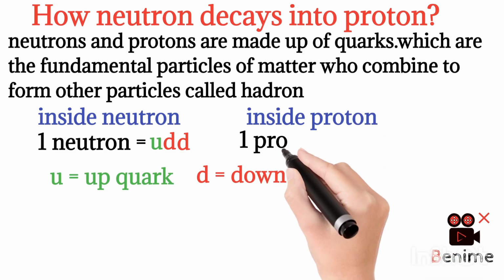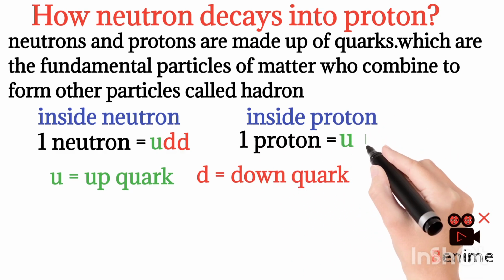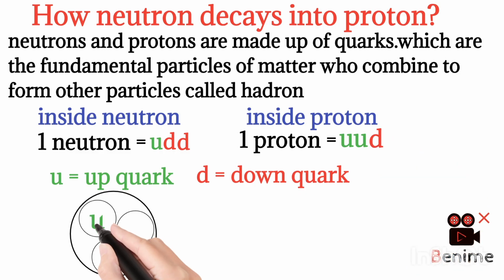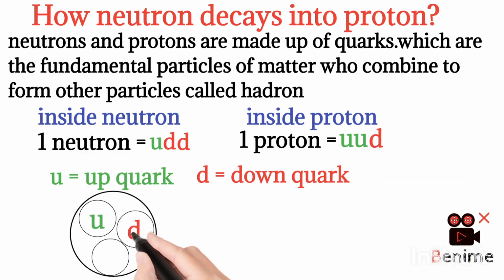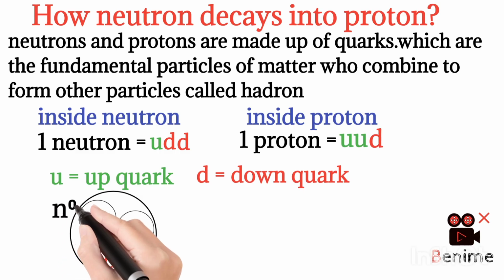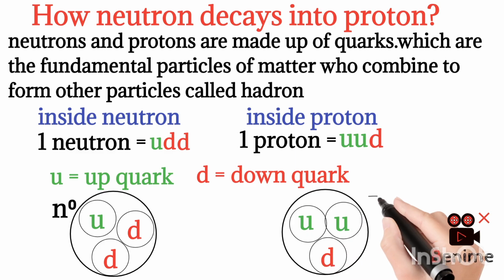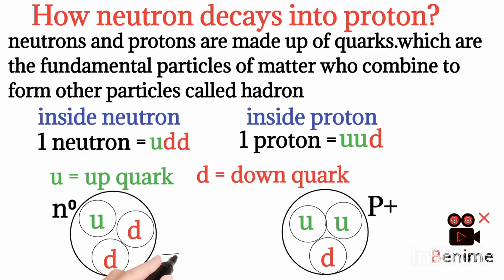Whereas a proton is also made up of 3 quarks, but 2 of them are up quarks and 1 is a down quark. When a neutron undergoes beta minus decay, one of its down quarks is changed into an up quark. This change of quark results in a change of neutron into proton.